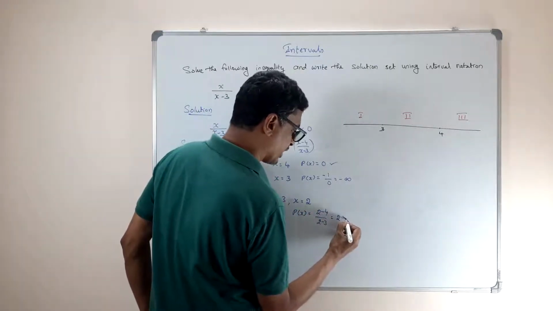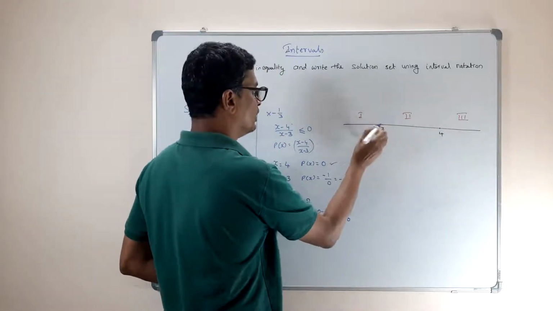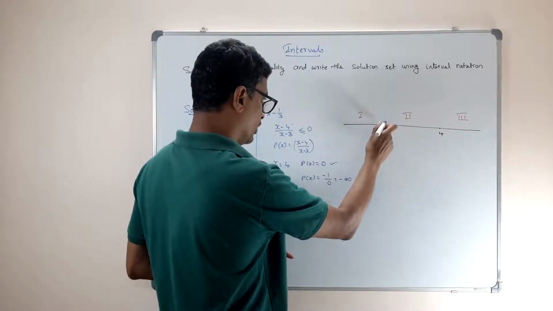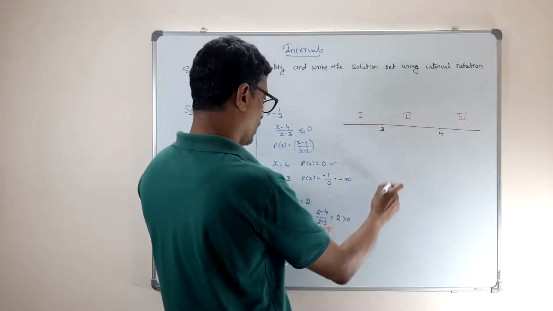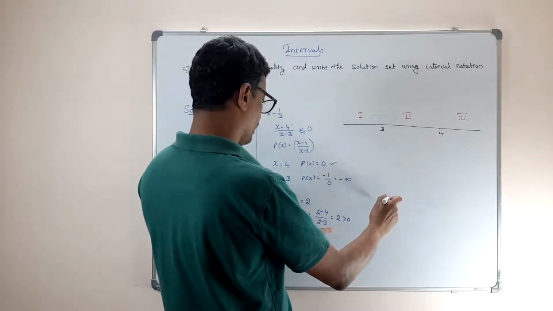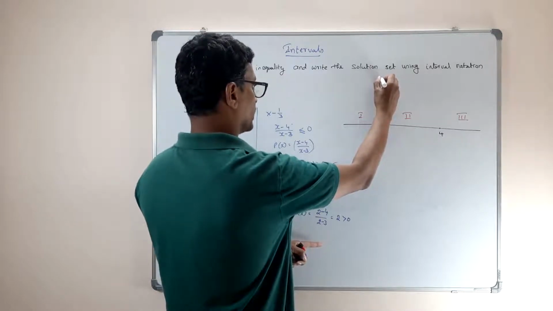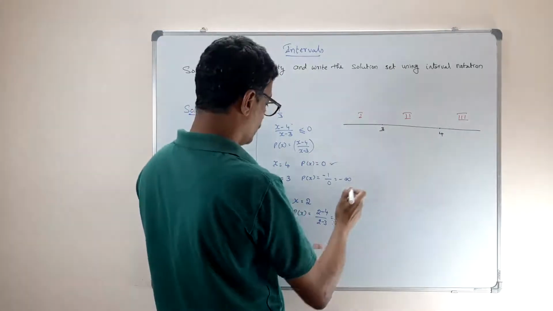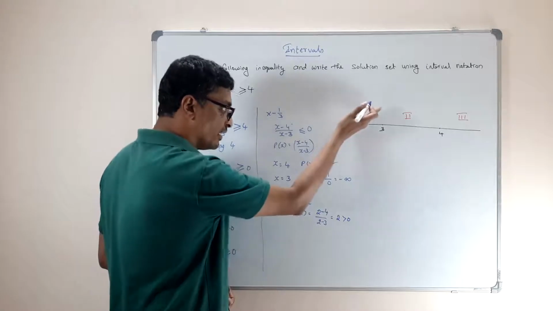That is greater than 0. So from minus infinity it goes into plus infinity, because at 3 it goes to infinity, correct?